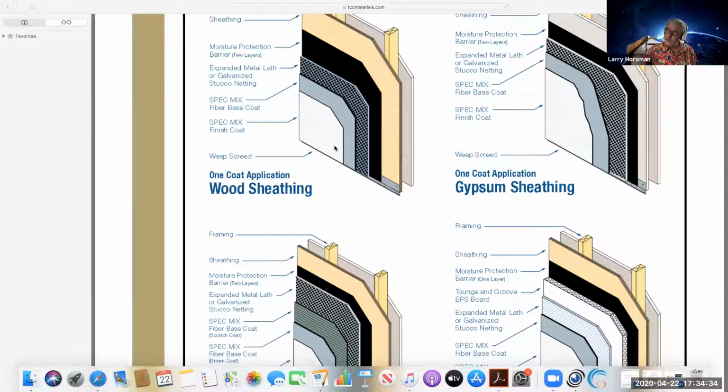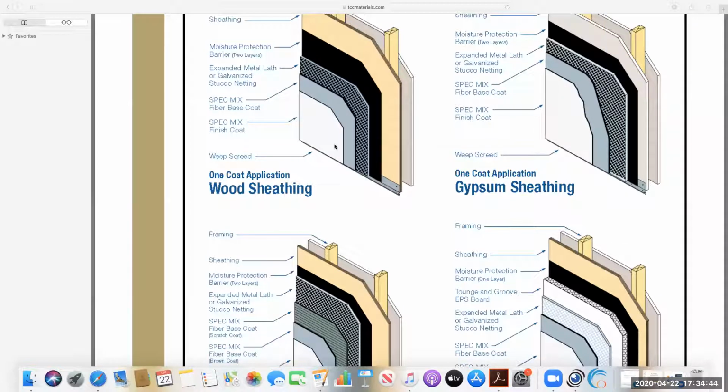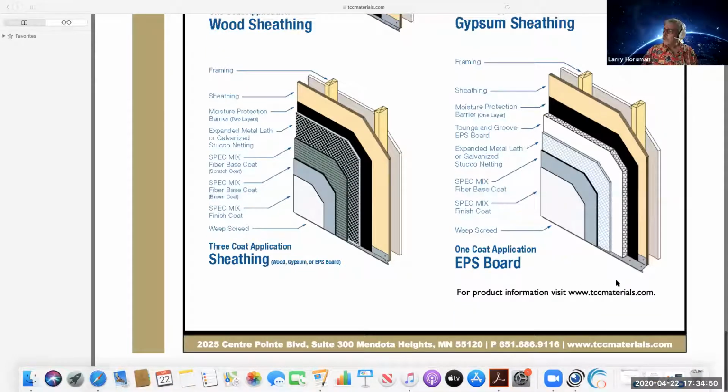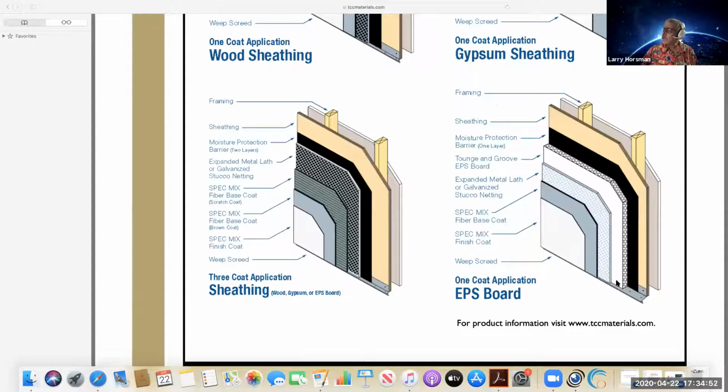As the paper goes up, it has to be lapped, as I remember, a minimum of 2 inches, because the rolls are typically about 3 feet. Then they have some of these other systems. See, this is more like EIFS, where we're putting some rigid insulation behind it, and then just a very thin coat of the cementitious material over it.